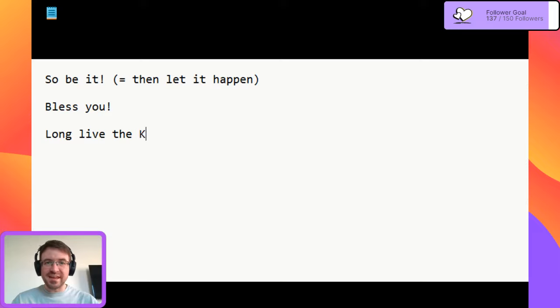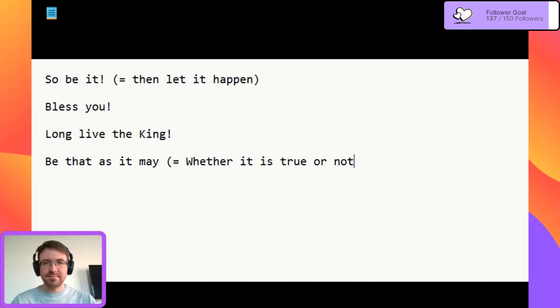Long live the king. Another example using live, not lives, the infinitive. Be that as it may is also one, which means whether it is true or not. And one more very typical expression is the phrase if need be, which means if it is necessary.